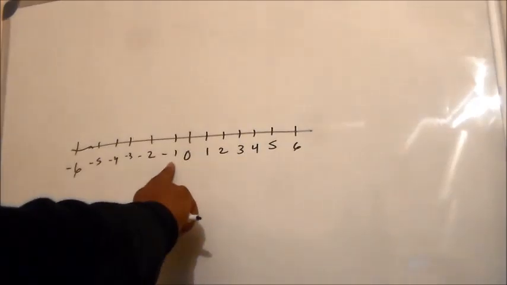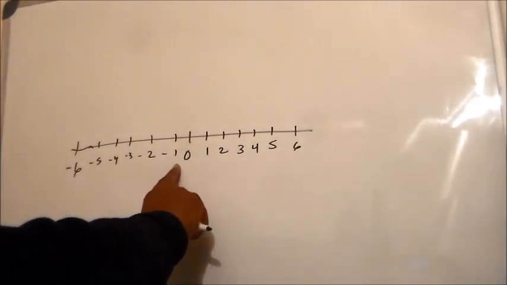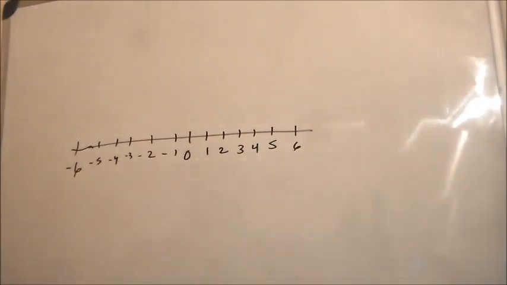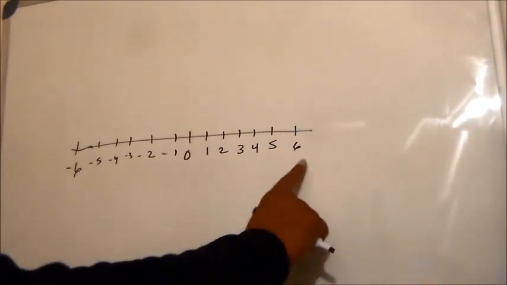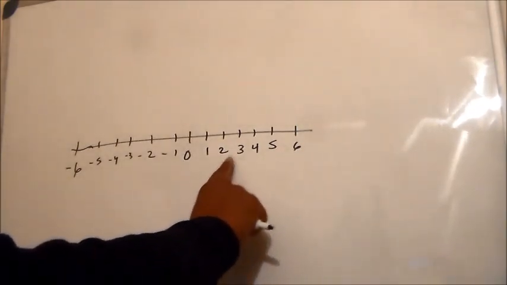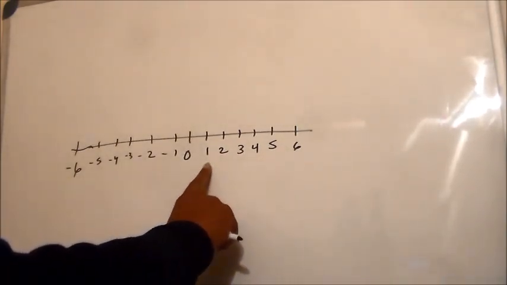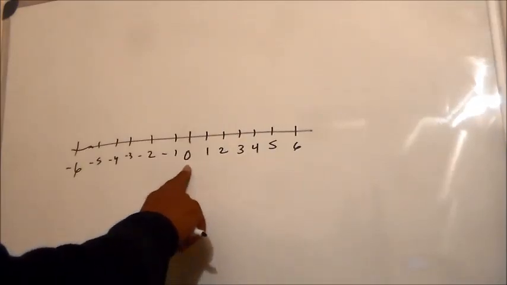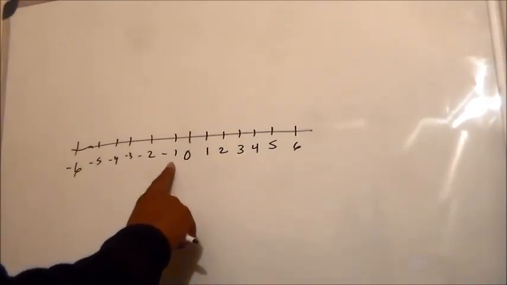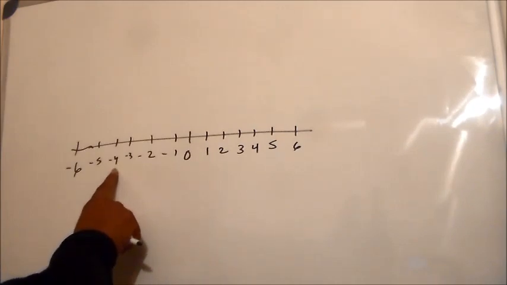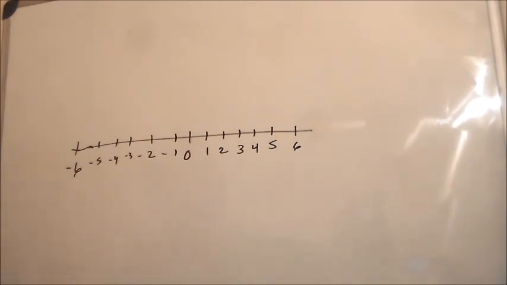Well, there's also a negative side. If you've never taken algebra, you have positive and you have negative numbers when we talk about the number line. 1, 2, 3, 4, 5, 6, this is how we normally count. But we could go the other direction: -1, -2, -3, -4, -5, -6.